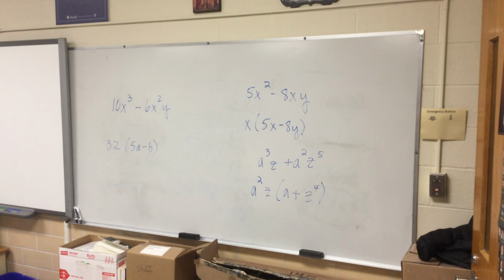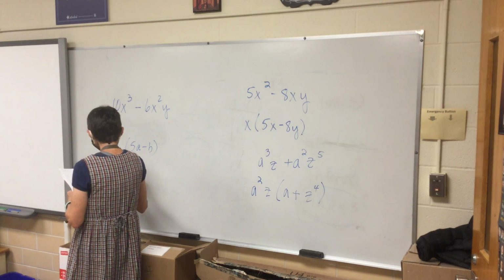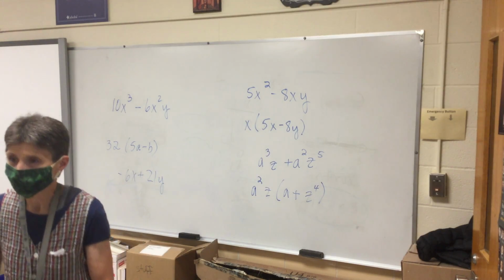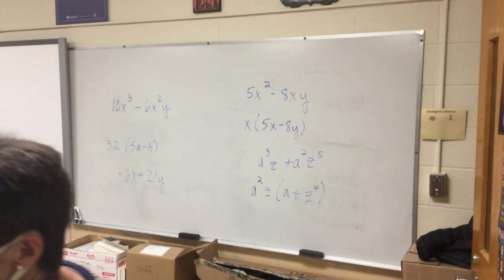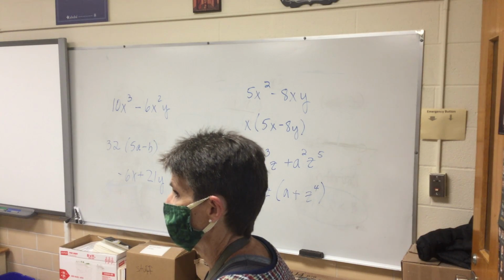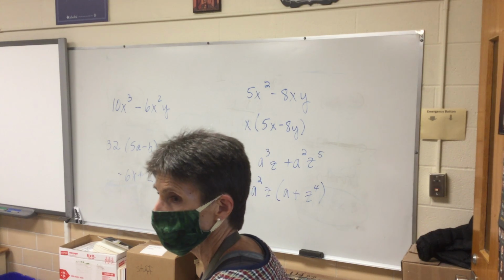It would be positive because you're taking a negative times a negative. Yep. Have confidence, you got it. So she says negative 6x plus 21y. Did everybody catch the positive in there like she did? It's a negative times a negative. All good?